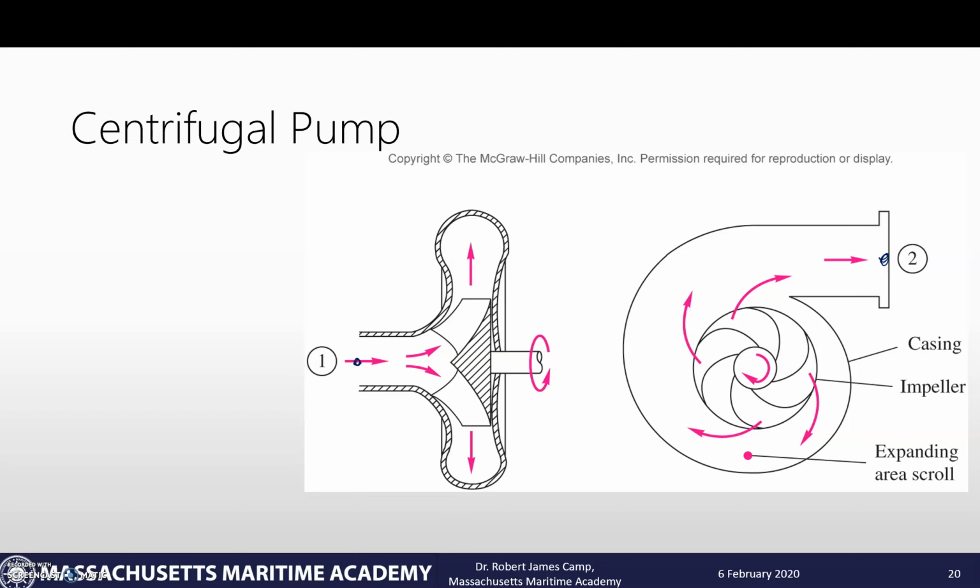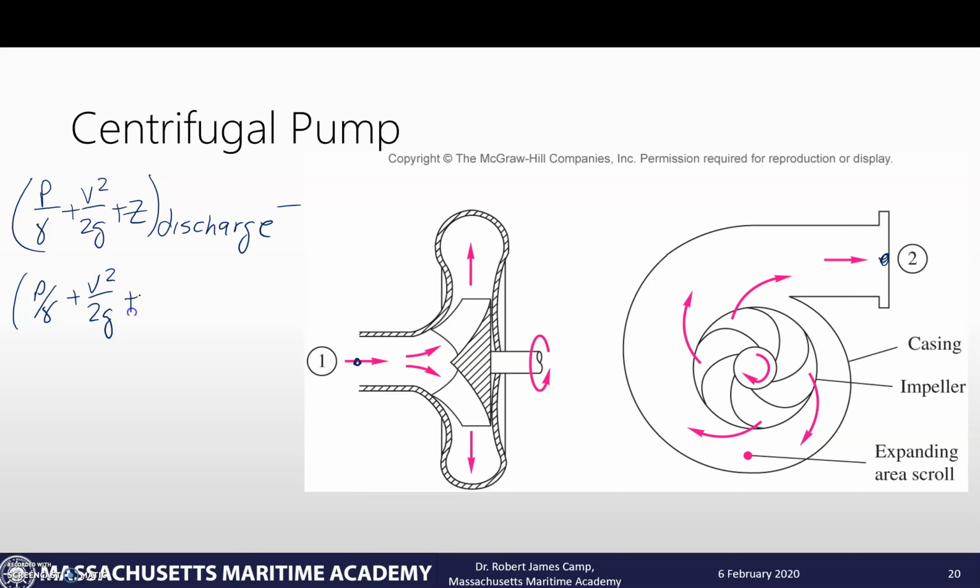So if we take a look at this using Bernoulli's equation, pressure over gamma plus V squared over 2g plus z at the discharge, minus pressure over gamma plus V squared over 2g plus z on the suction side. So the difference between those two is going to give us the Bernoulli head, or H sub P.